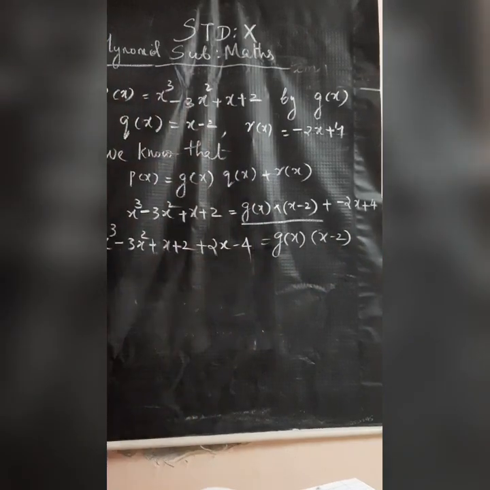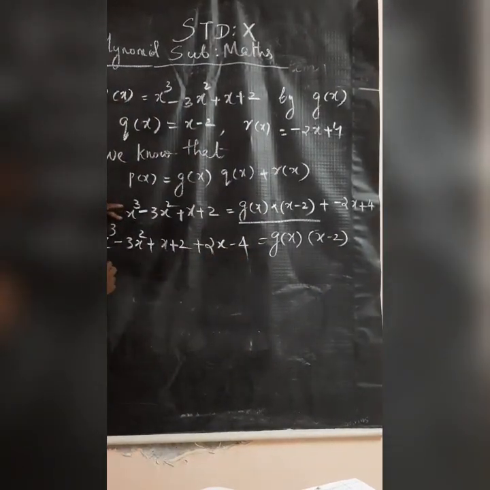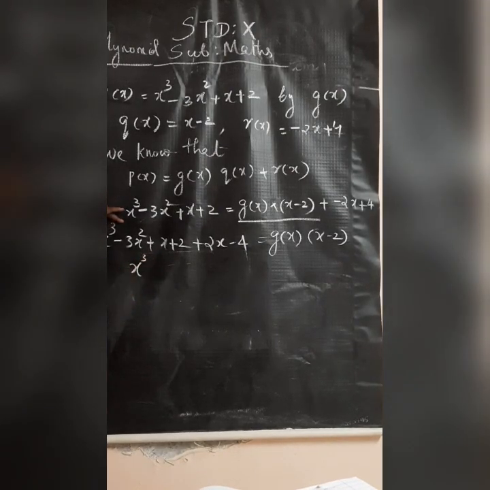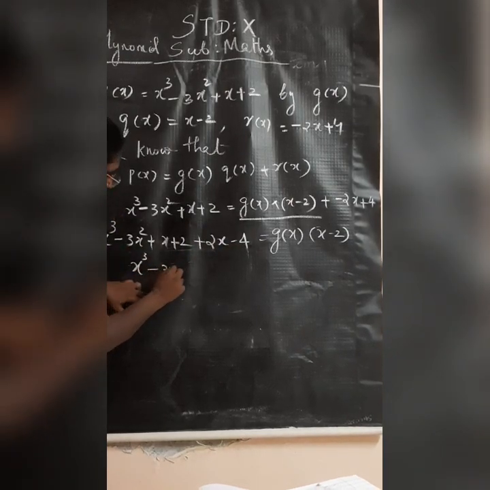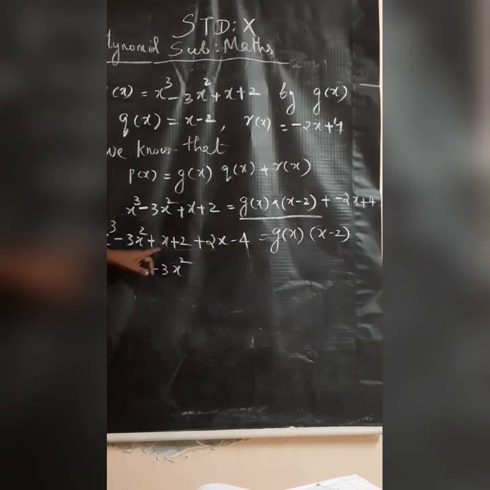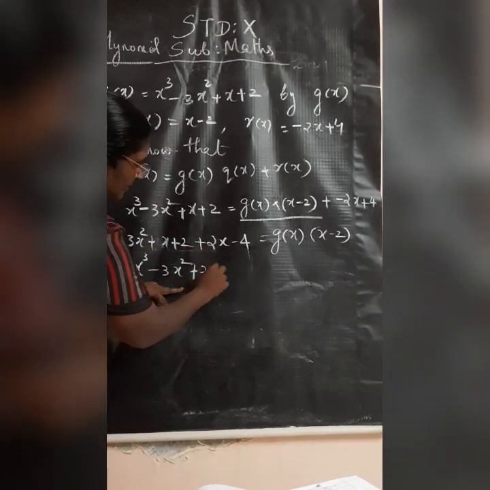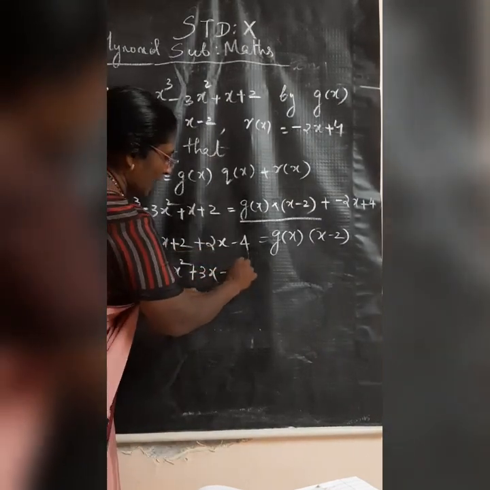Clear? Now, the x terms you add and subtract. X cube only one single term, so write x cube. Then minus 3x square, the x square term also only one, so minus 3x square, right? Plus x plus 2x, so that means you write 3x. Plus 2 minus 4. Same terms you add.